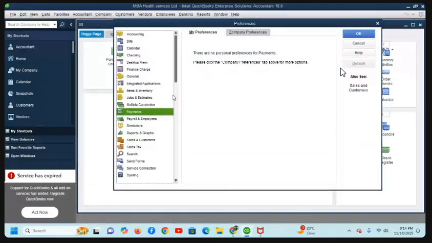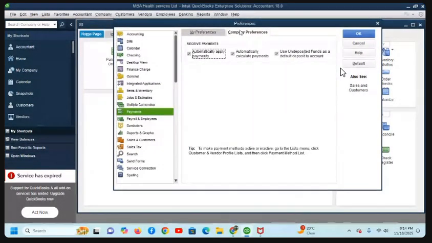I can go and activate this payment, because remember when we pay we have different accounts where money will be going. I come and activate this undeposited fund account, so that when I'm paying I can select the bank where I can deposit. I have activated it.